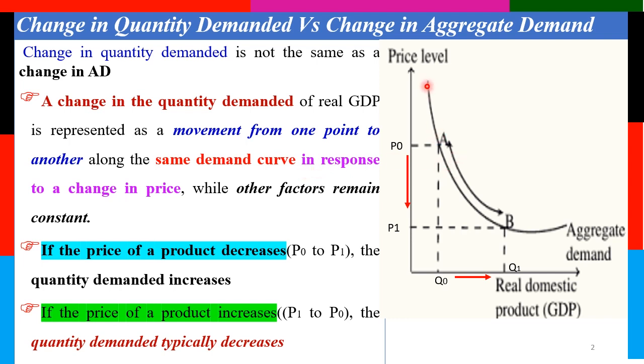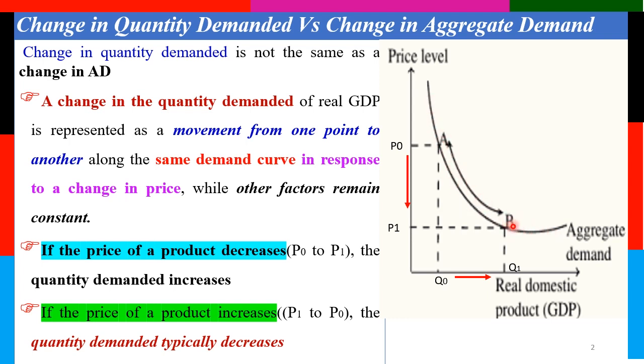Maybe from point A to point B, or from point B to point A, on the same demand curve. There is no other demand curve. We have only one demand curve.